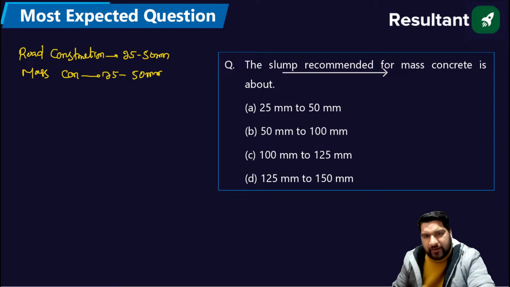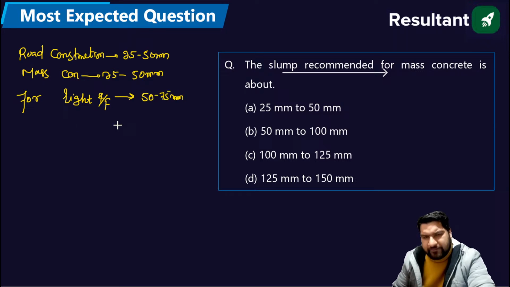For light RF section, you can go with 50 to 75 mm.